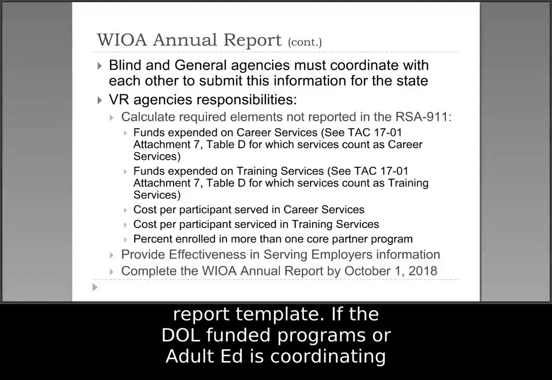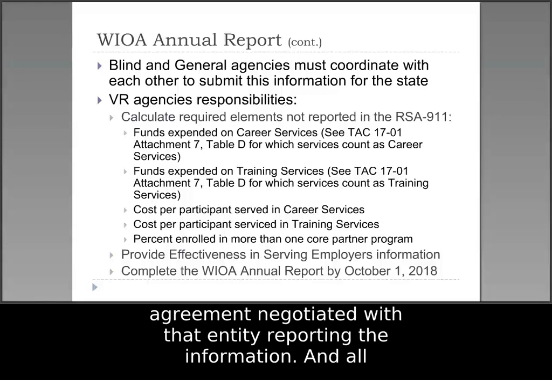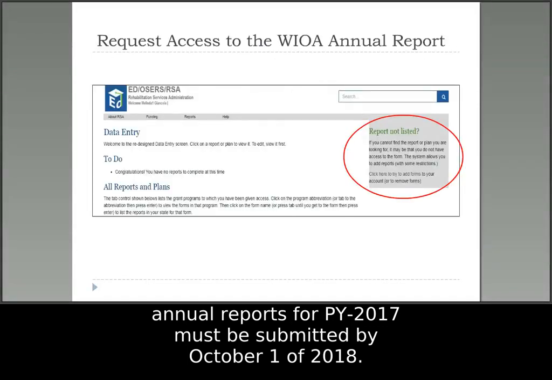If the DOL-funded programs or adult ed is coordinating this effort, then the VR agency will need to meet the requirements of the agreement negotiated with that entity reporting the information. And all annual reports for PY 2017 must be submitted by October 1st of 2018.